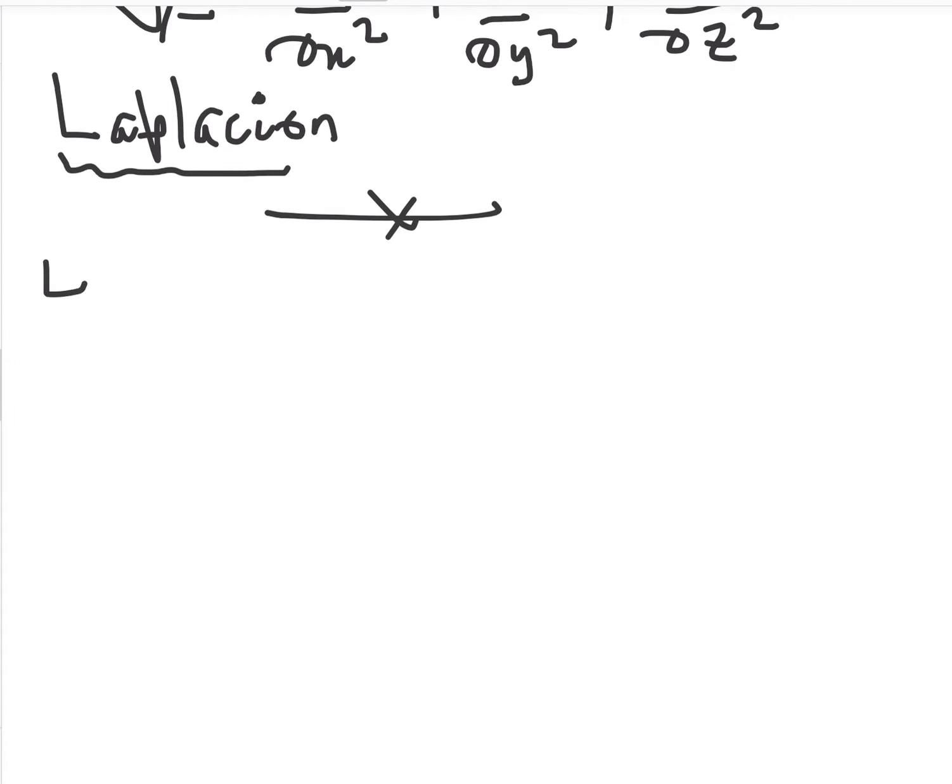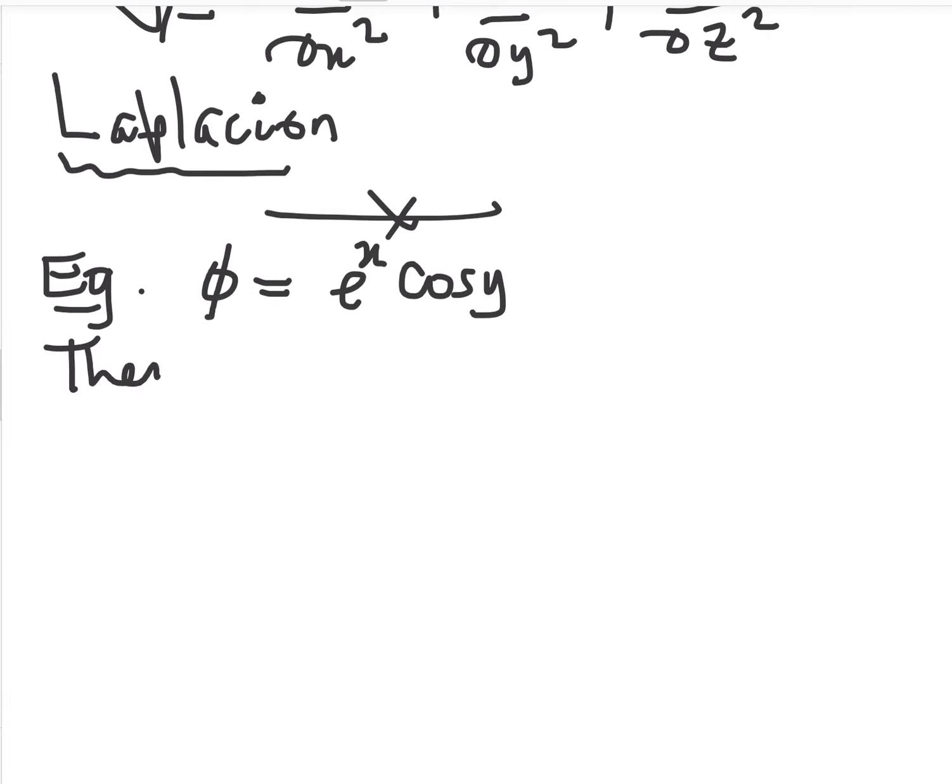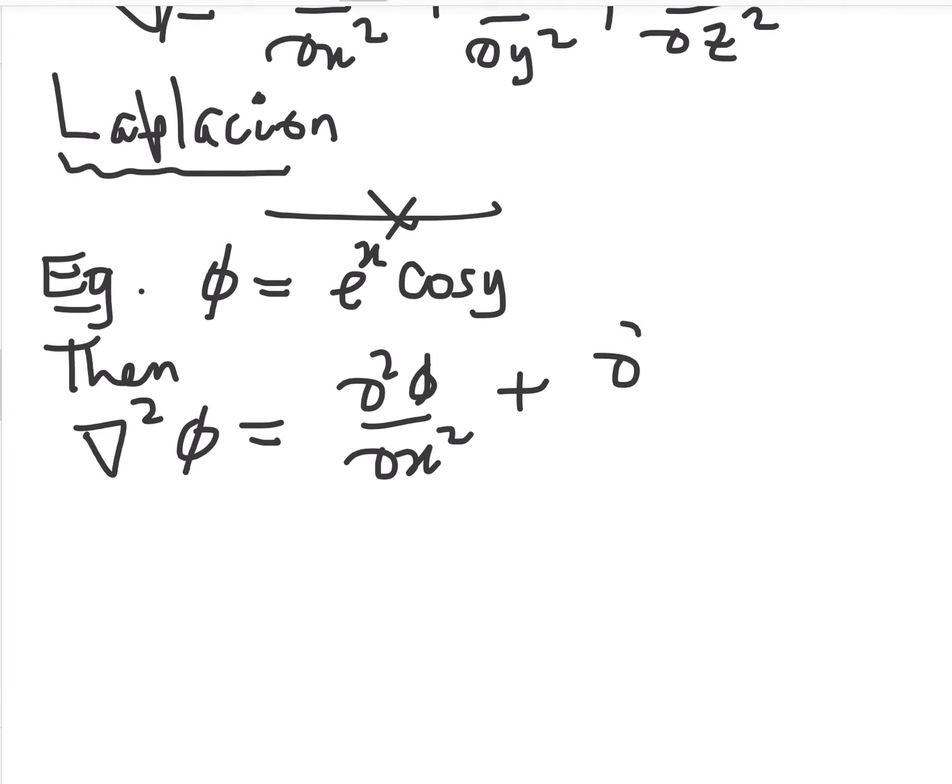So as an example, let's do it on a two-dimensional function, based on two independent variables. If phi is e to the x multiplied by the cosine of y, then the Laplacian on phi, del squared on phi, is very simply, you differentiate phi with respect to x twice, plus you differentiate phi with respect to y twice.